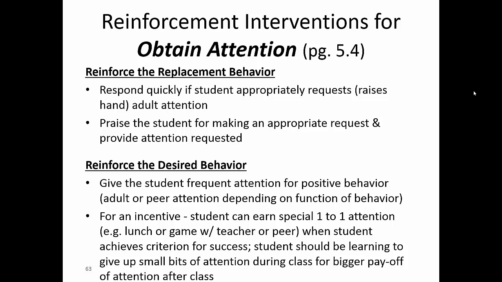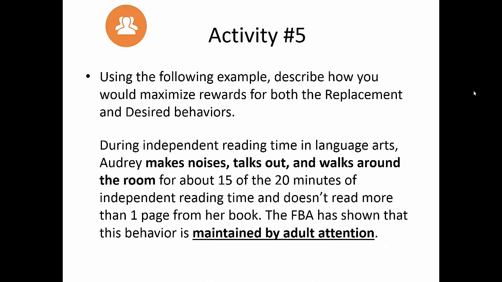We want to give the student frequent attention for positive behavior, for reinforcing the desired behavior, and making sure that it's peer attention if that's what the function of his or her behavior is. And of course, for an incentive, most likely some peer attention or adult attention activities, so having lunch with the teacher or being able to play a game with peers. So these are some examples that you'll see on page 5.4.